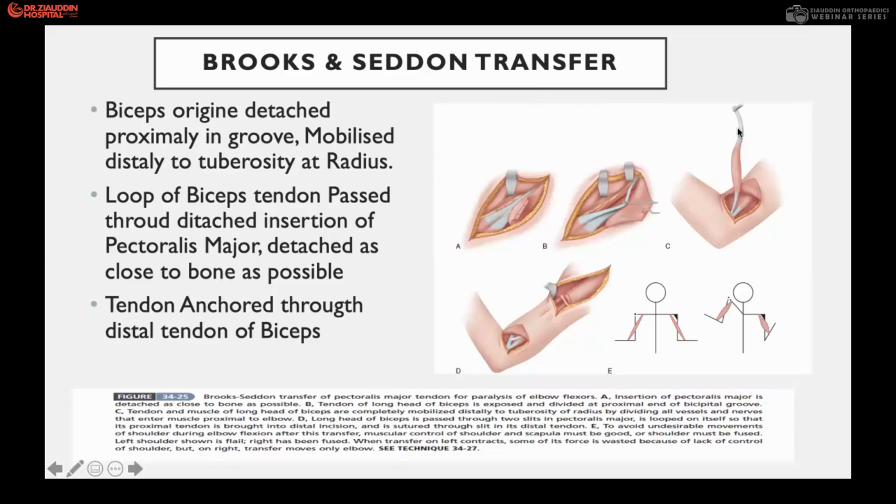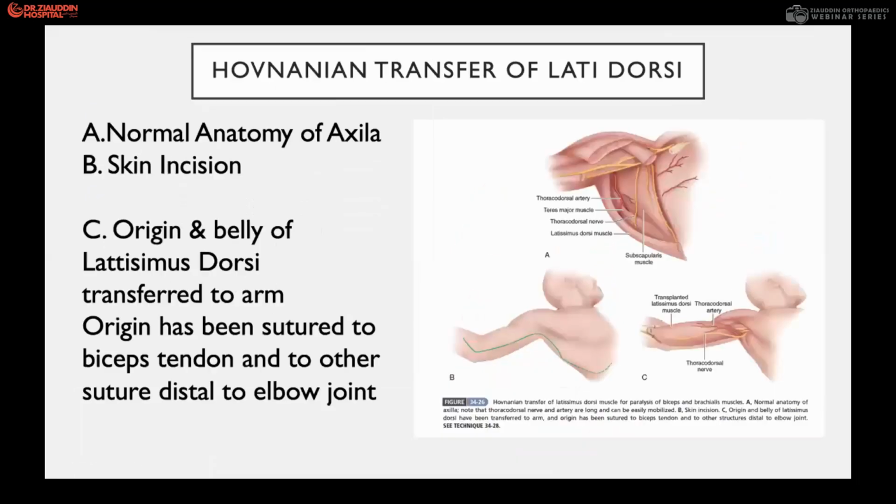Here we detach the biceps tendon from the superior attachment and also detach the pectoralis major from the sulcus, and then pass this tendon looped through the pectoralis major and reinsert it with the distal part of the biceps tendon. So the pectoralis major then acts as the flexor of the elbow joint. It is a very common procedure we used to do in the 90s when we had significant cases of poliomyelitis residual paralysis.